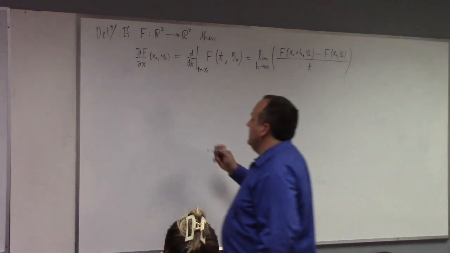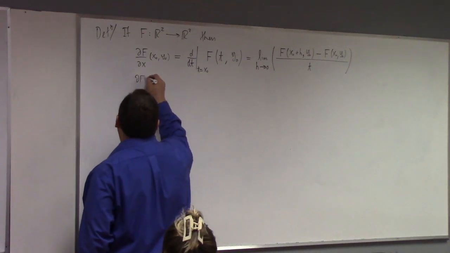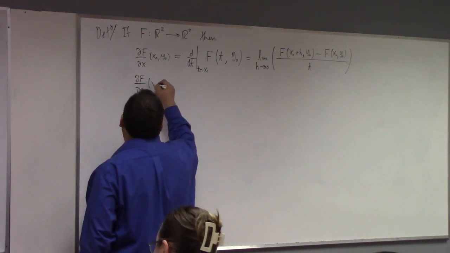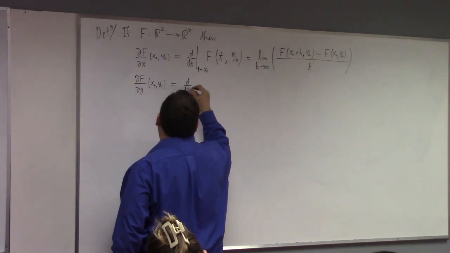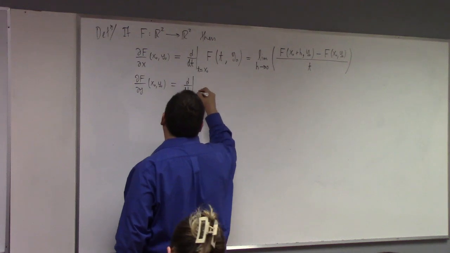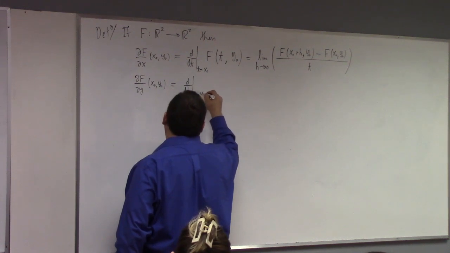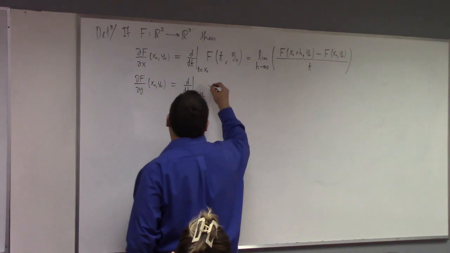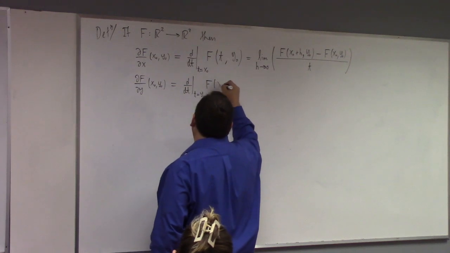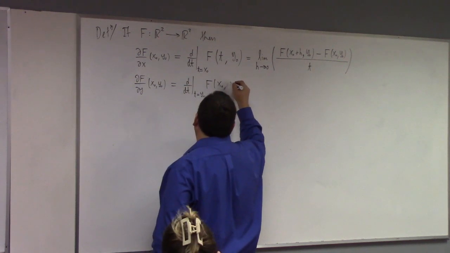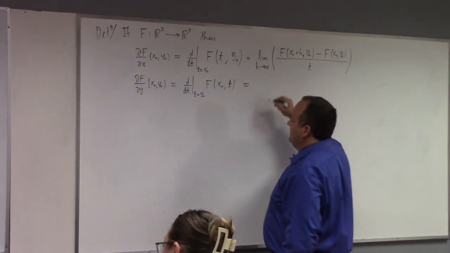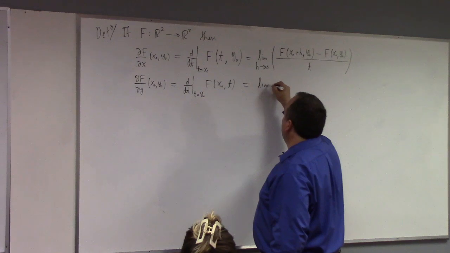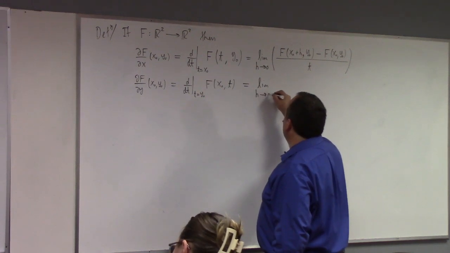And how would you guys think we define partial f partial y at x naught y naught? Well, here's the calculational principle. We do d dt evaluated at t equals y naught after we differentiate, right? And we differentiate f with x frozen at x naught, and we let y vary, right? In terms of a limiting process, that's the limit as h goes to 0.